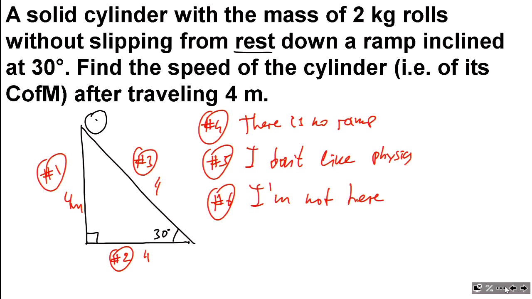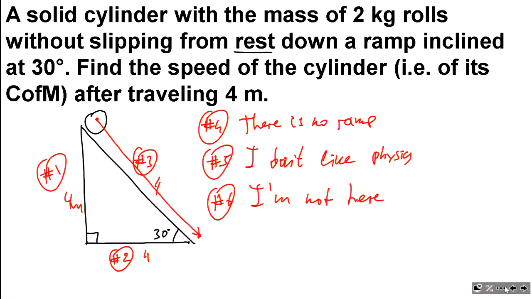Okay. In this case, physics and democracy agree. The distance traveled, as measured for the center of mass, should be equal to the magnitude of the displacement of the center of mass, and the center of mass travels parallel to the surface of the ramp.